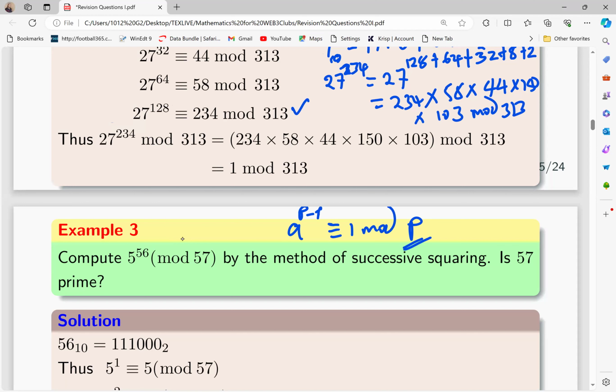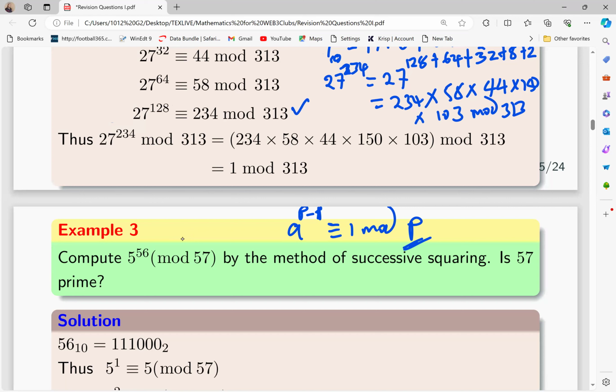I can pick any number, 2, 3, so long as P cannot divide it, and raise it to P minus 1. If the result is 1, then we can say that P was a prime number. Is that okay?